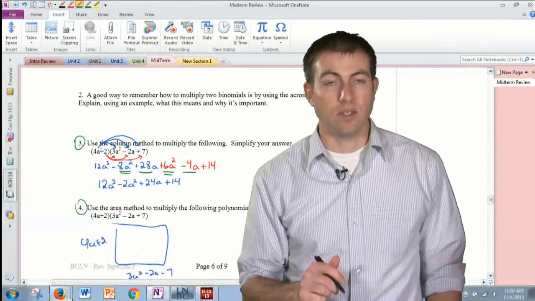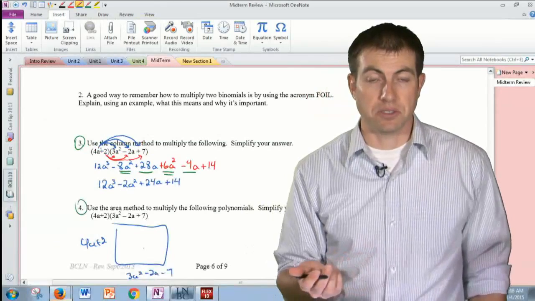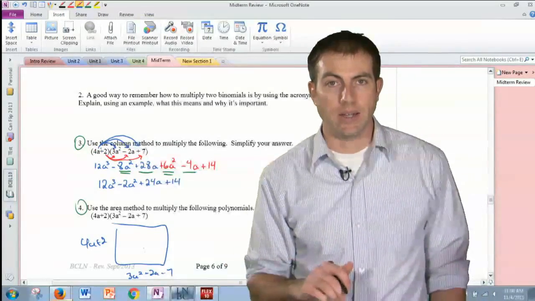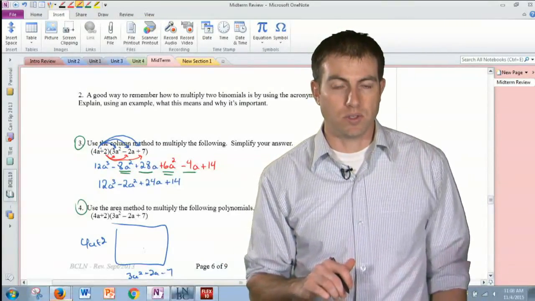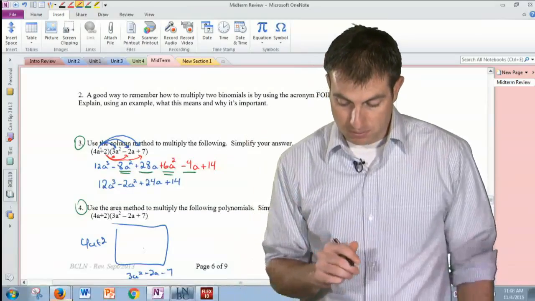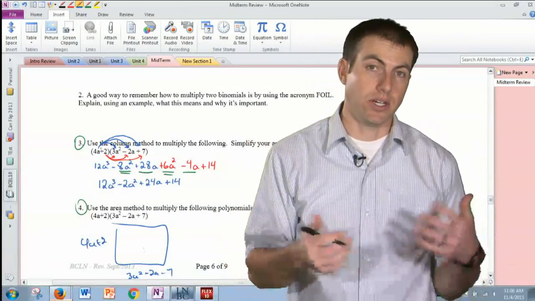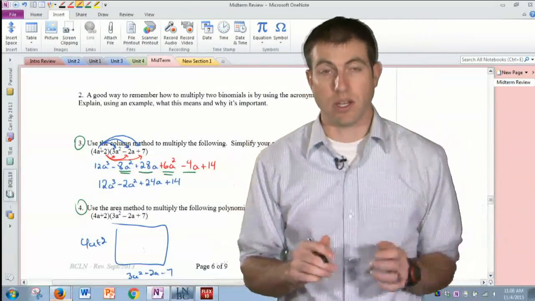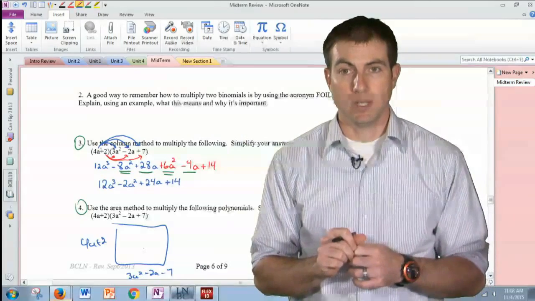I just find that these kind of confuse actually just doing the multiplication and adding like terms. They're steps that, in my opinion, aren't really necessary. But if you want to learn those methods, they are there in the course and you can have a look at them.